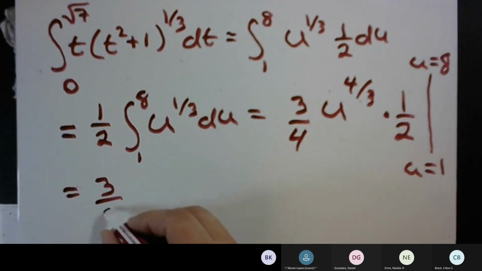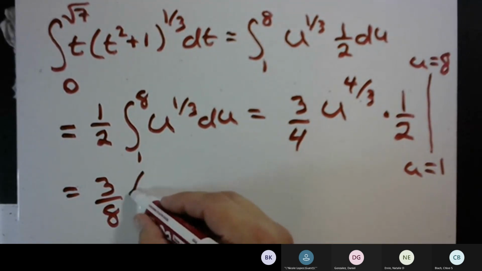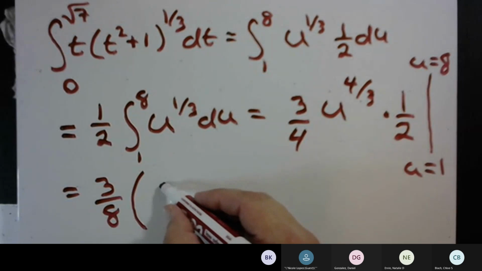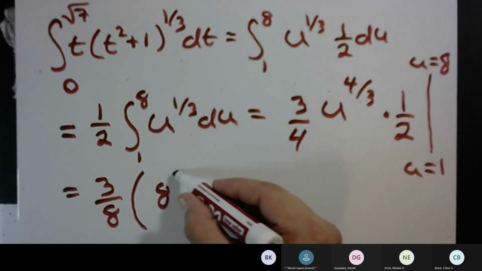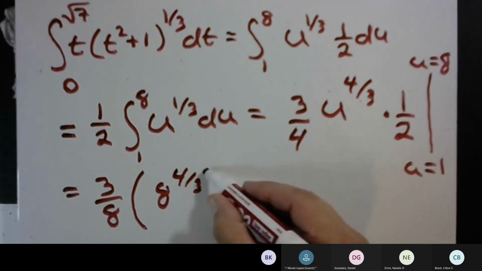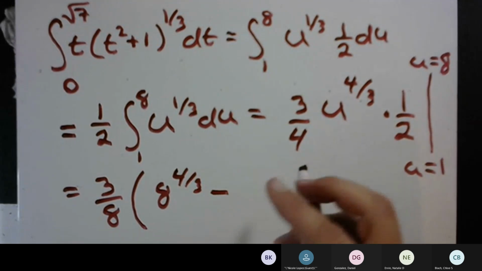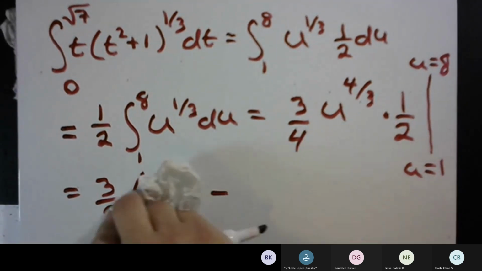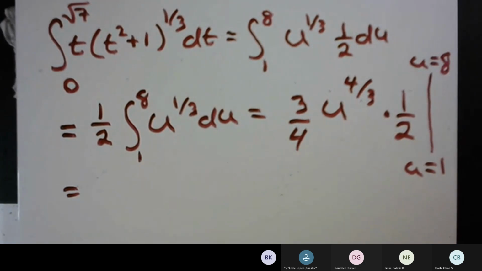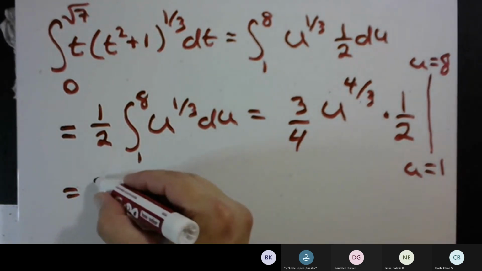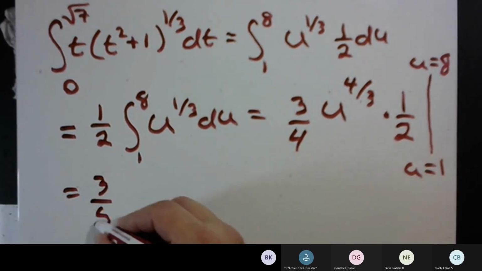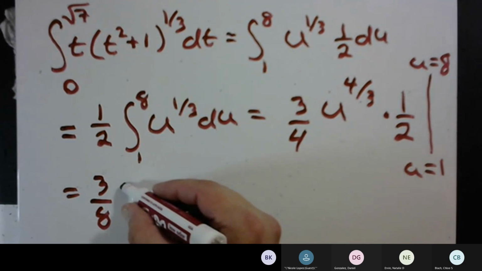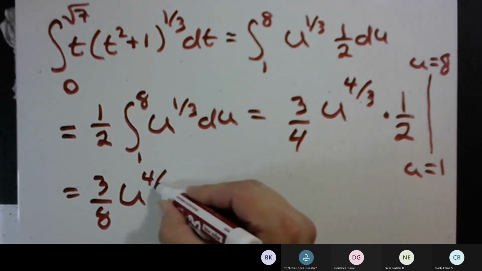Or 3/8. And then we're going to have 8 to the 4/3 minus, oh, here, I'll stay in step. So you get 3/8. And then, I'm not going to skip any steps here.